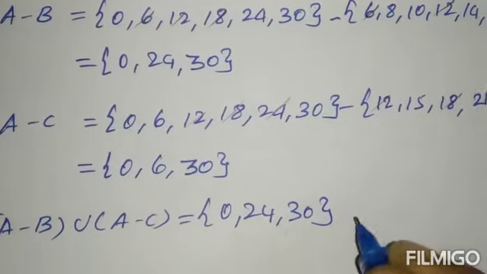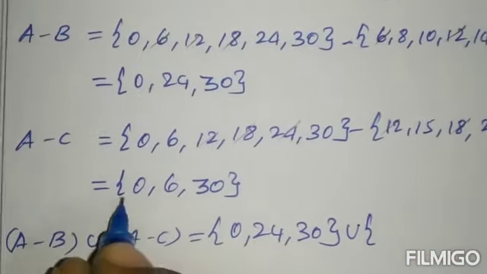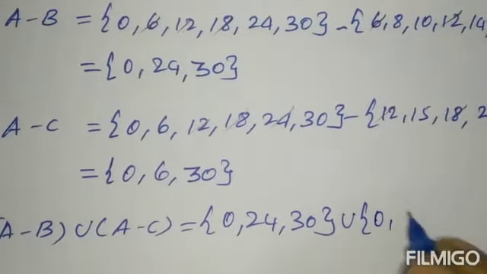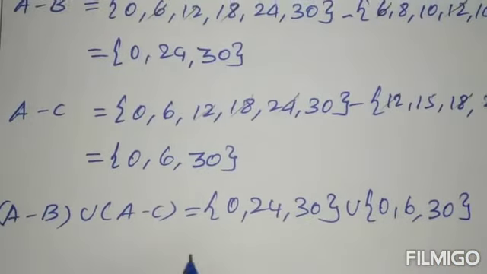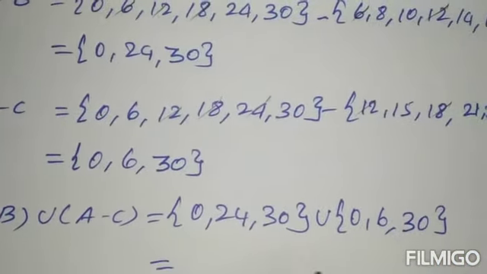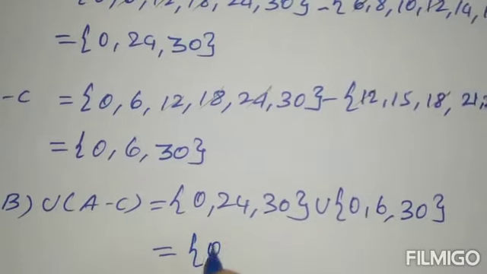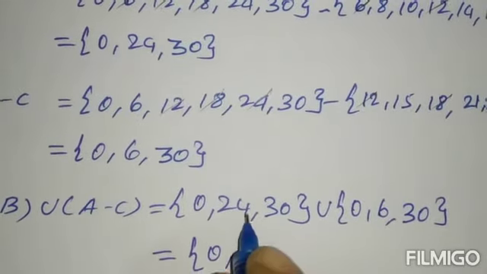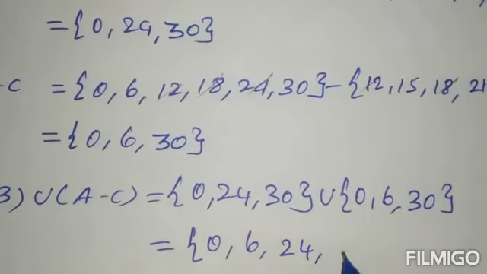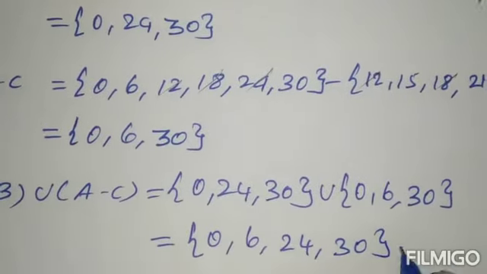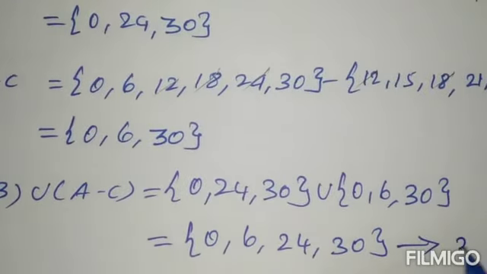Then union elements of A difference C 0, 6, 30. Now we have to take all the elements together. And element சேர்த்து எழுத போறோம், யூனியன் பண்ண போறோம். So 0, then 6 order எழுதிக்கணும். Then 24, then 30. So let us take this equation 2.